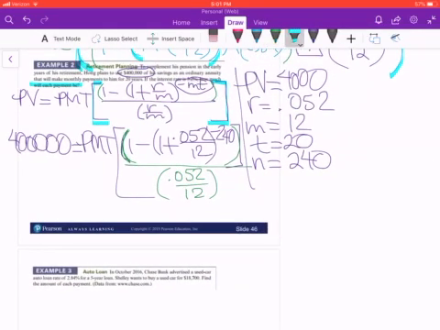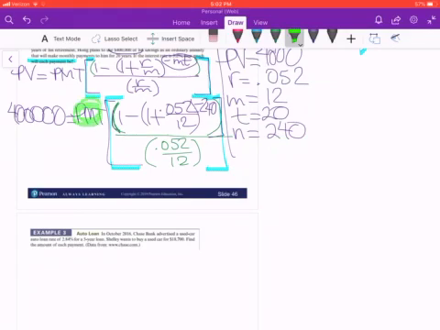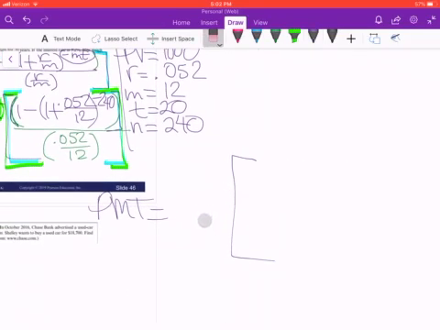What we could do is enter all of this in the calculator as two fractions. Whatever we obtain from there, we could use as the divisor of 400,000. What I'm trying to say is that if we're trying to solve for the payment here, you could see that the payment and everything inside the bracket are multiplying each other. So to solve for the payment, it will have to be the 400,000 divided by what you have inside the bracket.